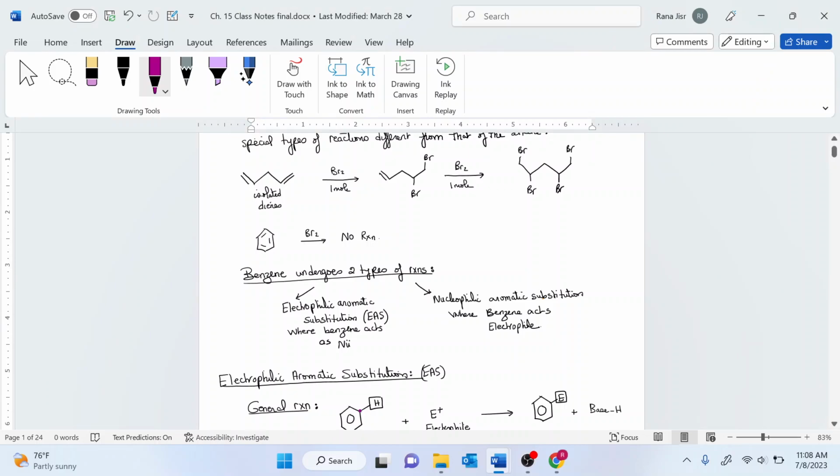So as a conclusion, benzene does not undergo any addition reaction like alkenes. And just as a recap, addition reactions are when you break a pi bond and you form two new sigma bonds in there. This is called an addition reaction, and this is a property of alkenes or conjugated alkenes.